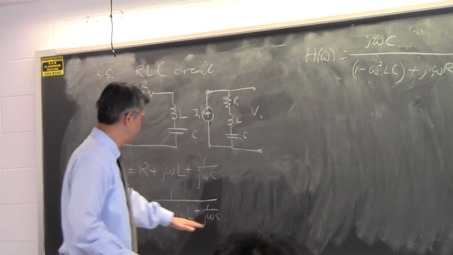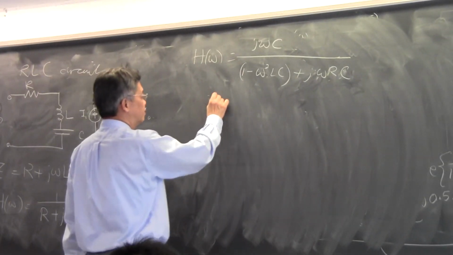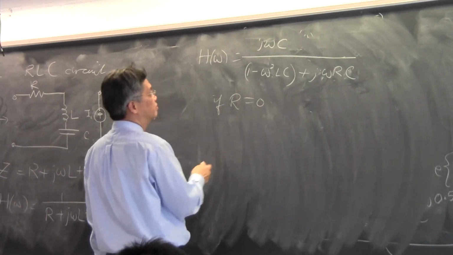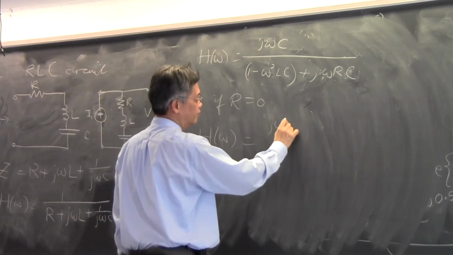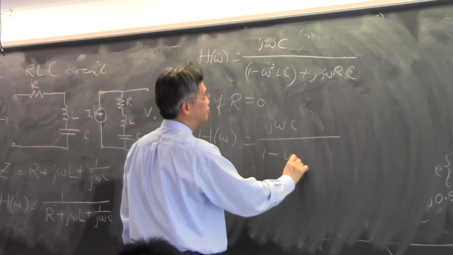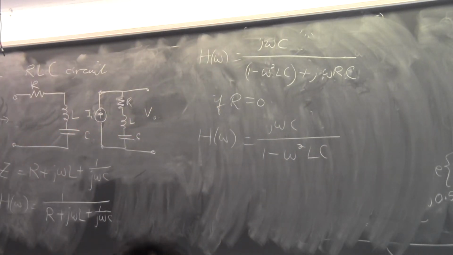If you multiply throughout by j omega C, you get that expression over there. And if R equals 0, then the transfer function is equal to this one over here, which is what we have come across before, that of a high-pass filter.